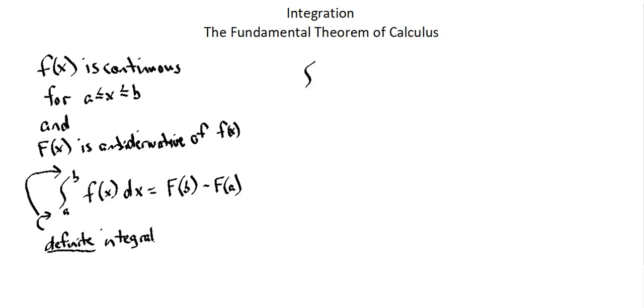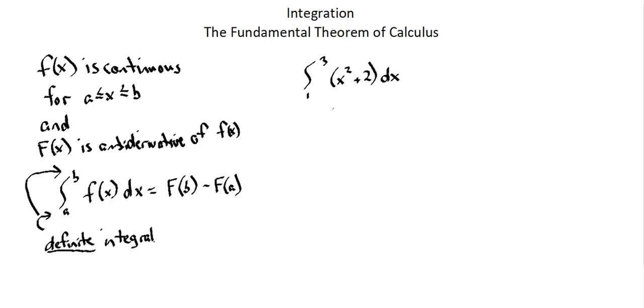First, the integral from 1 to 3 of x squared plus 2 with respect to x. So first I want to calculate the antiderivative for x squared plus 2.